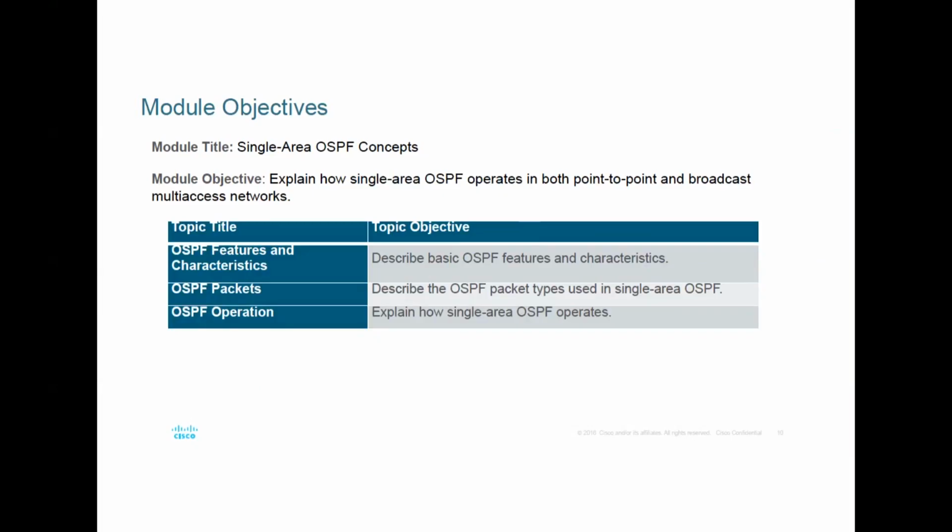Module objective. Module title, single area OSPF concept. The objective of this module is to explain how single area OSPF operates in both point-to-point and broadcast multi-access networks. OSPF features and characteristics: first, we need to know how to describe basic OSPF features and characteristics.